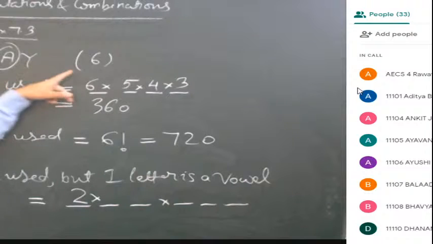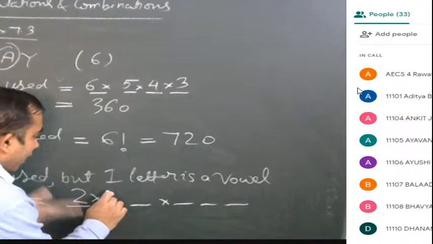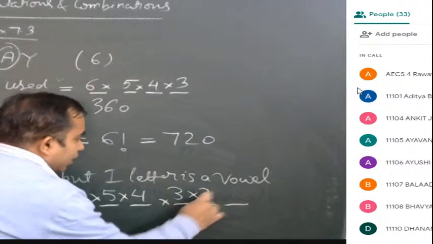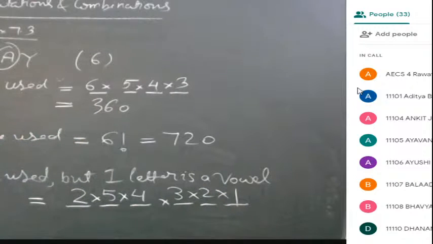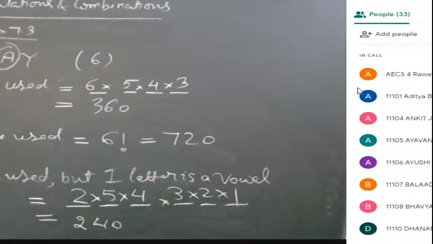Total available letters were 6, 1 letter has been used. In the remaining, 5 letters are available, 5, then 1 more less 4, then 3, then 2, right students? Correct? How much total answer? 240 is the answer. So, 240 such words will be possible, right students.